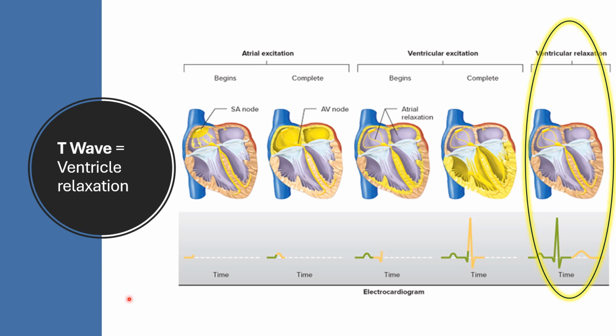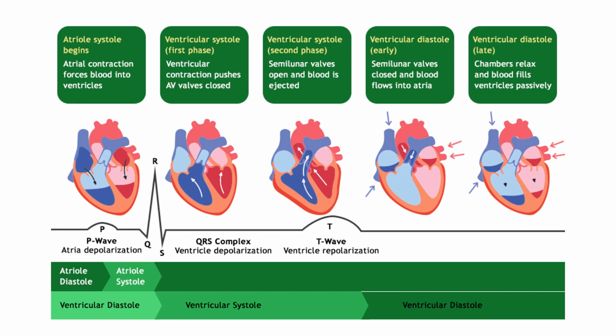And the T wave indicates ventricle relaxation. So it is that point before the SA node begins its stimulation and depolarization of the atria, to pump the blood back into the ventricles and start that process all over again.